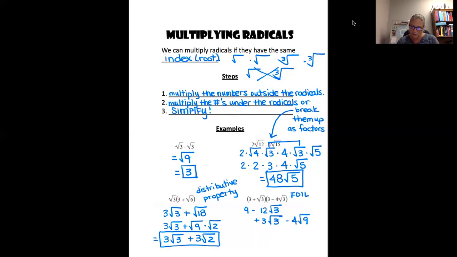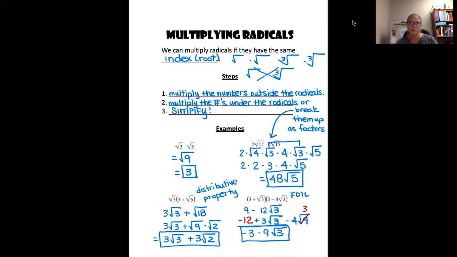And we should know that the square root of 9 is 3, and negative 4 times 3 is negative 12. So I'm doing some lining up here so that it's very simple to find my answer, negative 3 minus 9 square roots of 3. Again, no like terms there. So that is your answer.